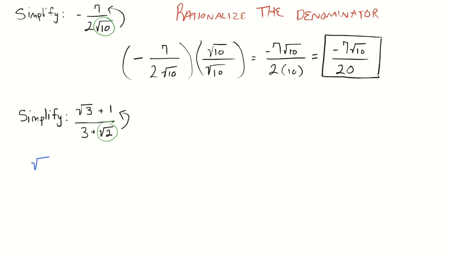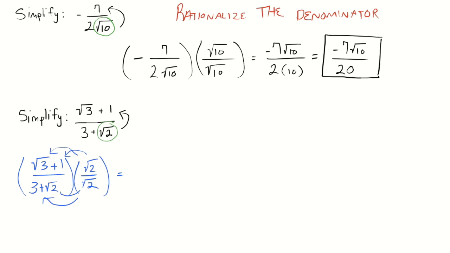We are not going to say rad 3 plus 1 over 3 plus rad 2 multiplied by rad 2 over rad 2. Because if I now simplify this a little bit, I'm going to distribute the rad 2, and it's going to have to be the same thing down on the bottom.